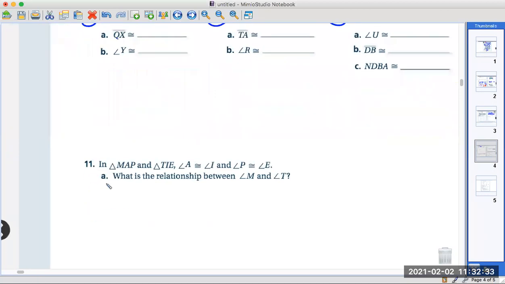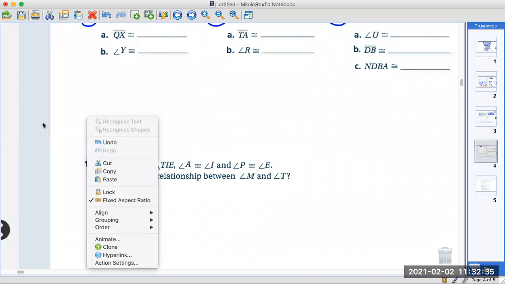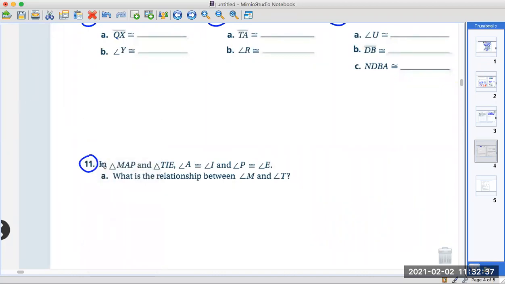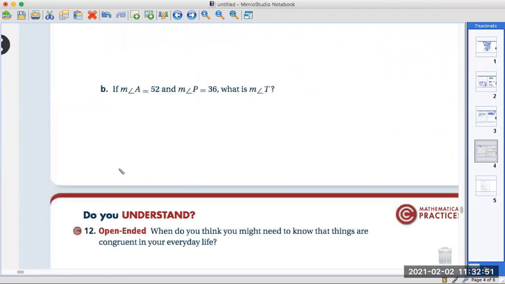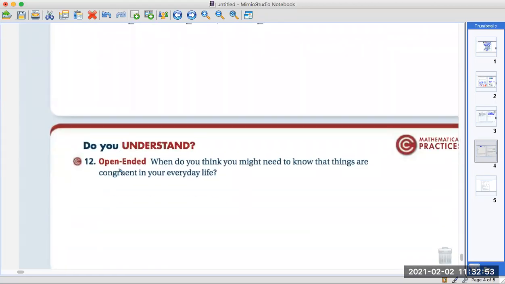Okay, in number 11, sometimes it helps to draw it out. And if you can't figure it out from what they're saying, it's mostly about checking for corresponding parts, if you understand how to find them. On the bottom, this is a question that you're not going to get an answer from me because this is all up to you.